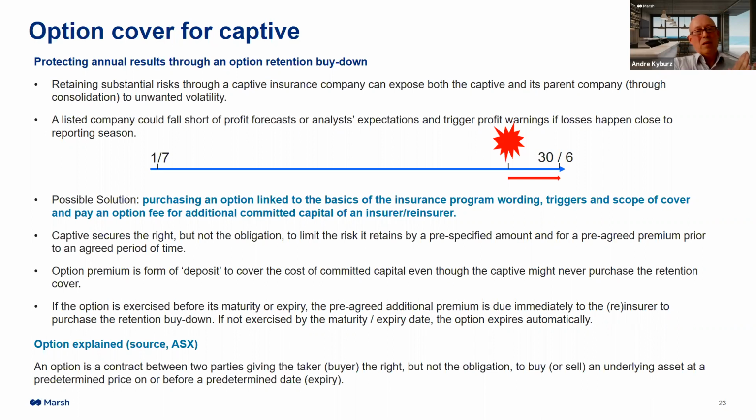Like if I'm having losses in a captive during the year, and I come up close to the financial year end, can I secure additional capacity just if I have a second or third loss that reaches my financial thresholds? You might then be able to invoke the option and buy it and pay a pre-agreed premium, or you can let it lapse if you don't require it, but you would have to prepay an option premium at the start of the year.